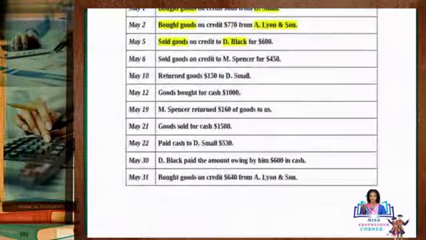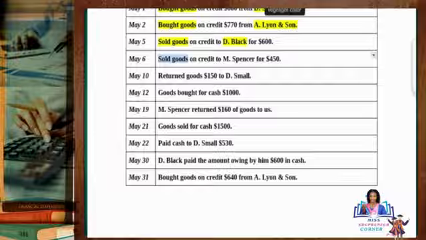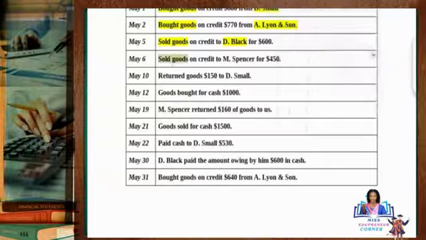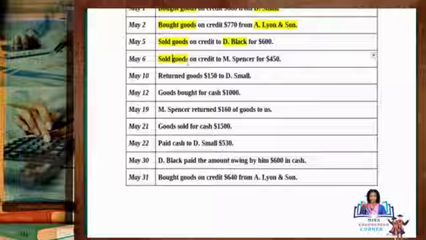On May 6, sold goods on credit to M. Spencer for $450. So again, the sales account is being affected because goods is being sold to another customer or another debtor. So the sales account should be credited to show that goods is coming out of the business.